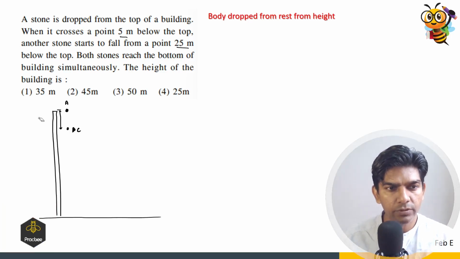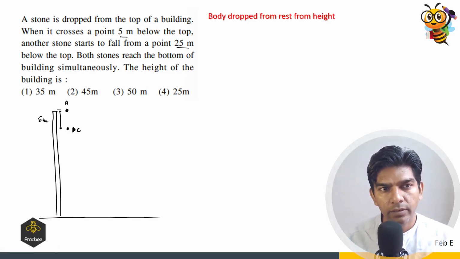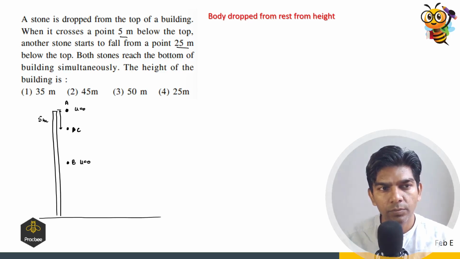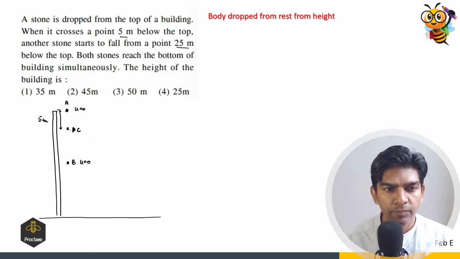So this is 5 meters. Another stone starts to fall from the point 25 meters below the top. Let us take this particular point. This is the second stone, right? And its initial velocity is 0. And both the stones reach the bottom simultaneously.